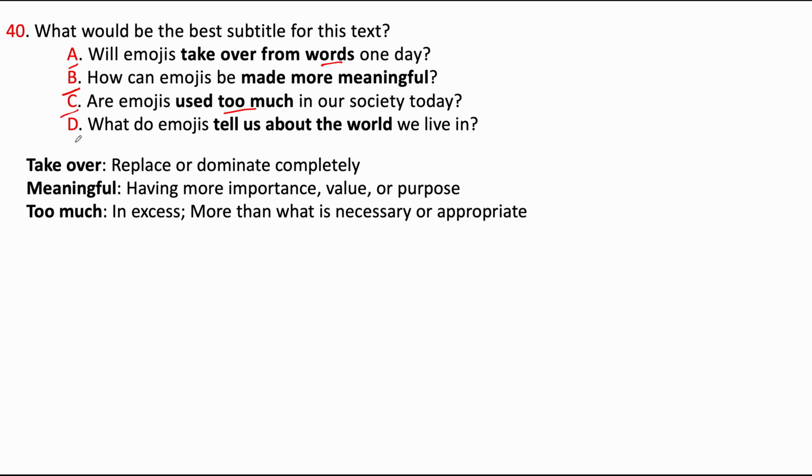And option D says, the passage is about what emojis tell us about the world that we live in. Note that two options, A and B, focus on things that could happen in the future. In contrast, C and D focus on the present, what is happening now.